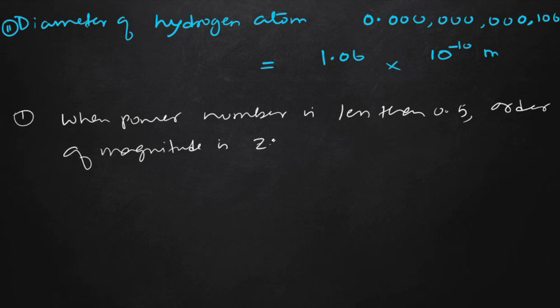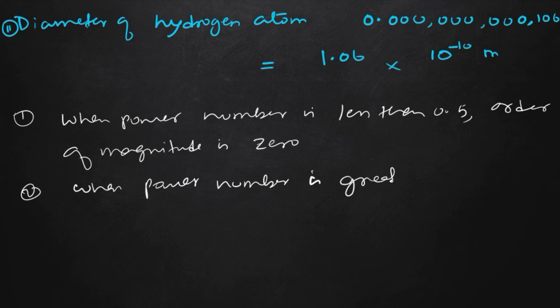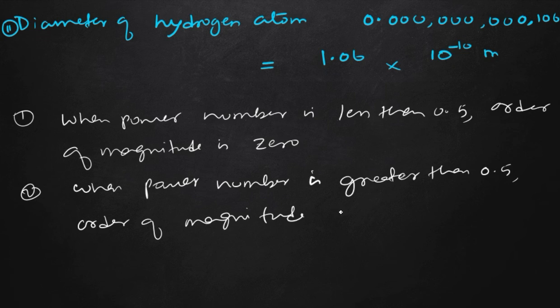And the second case is when the number is greater than 0.5, then the order of magnitude is the next whole number.